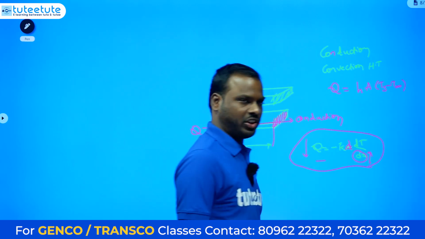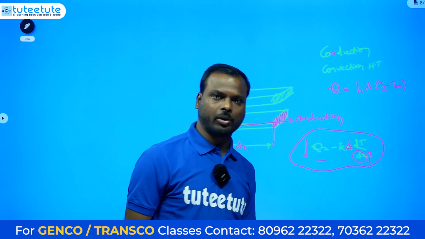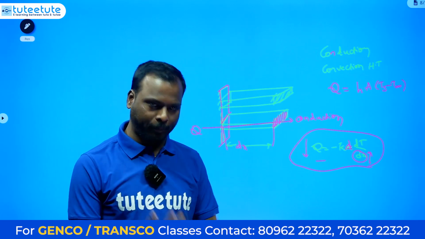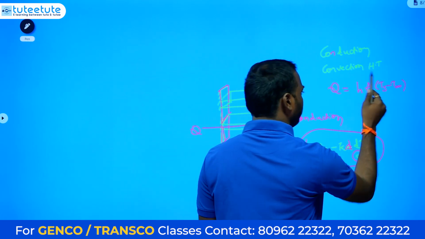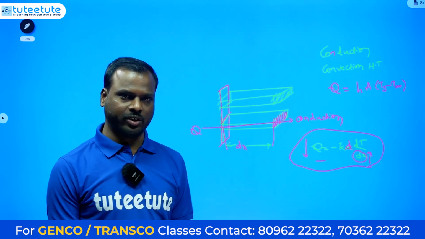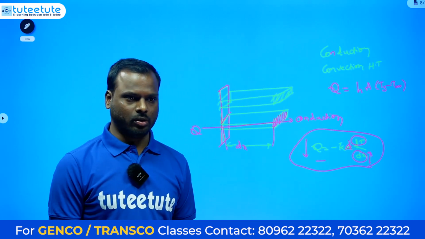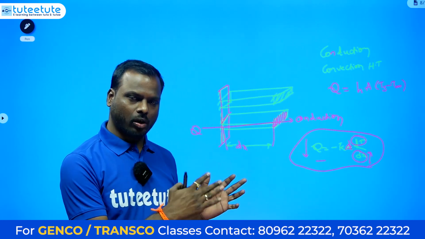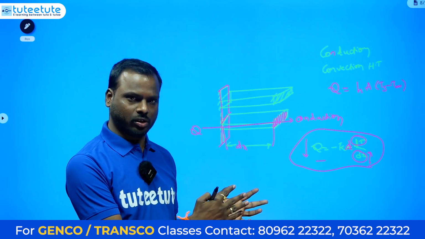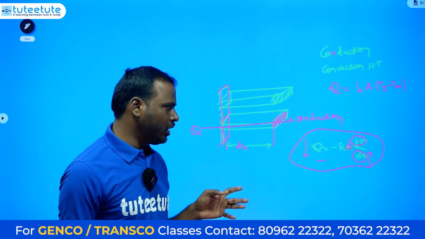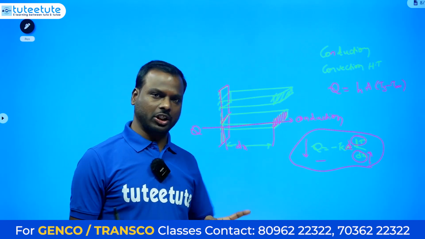Ts is the surface temperature, and T infinity is the ambient or atmospheric temperature. Here we are not going to change the temperature differences, because the surface temperature or the product temperature will remain as it is, and the ambient temperature we also cannot change.